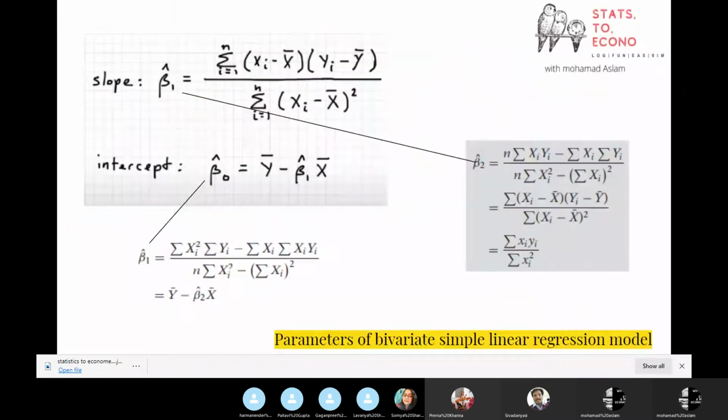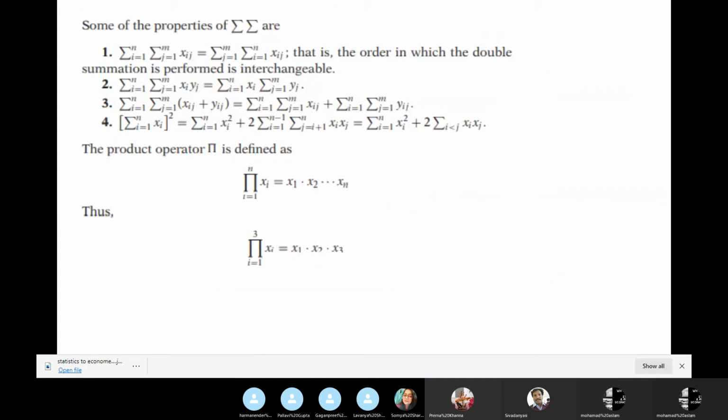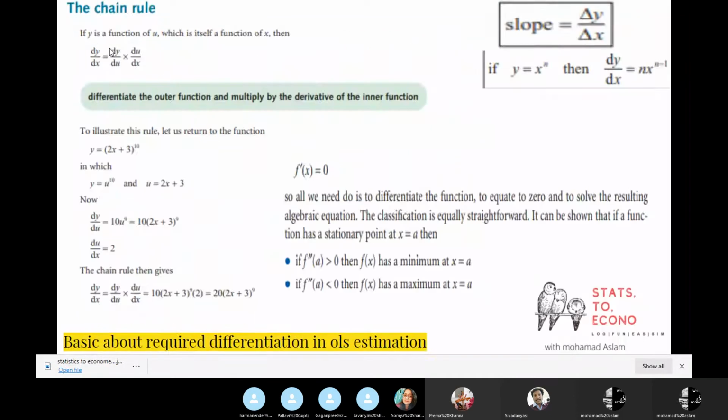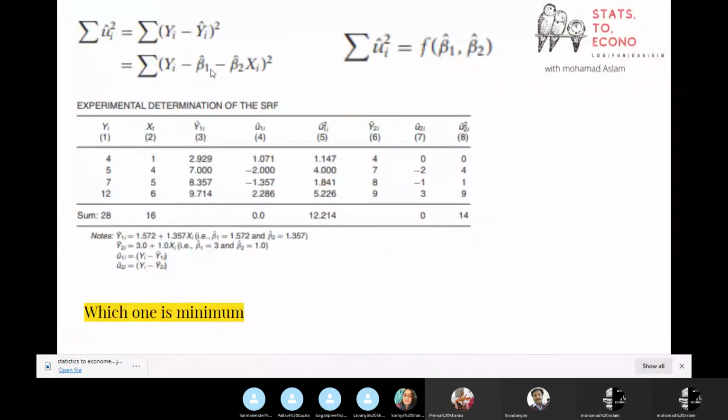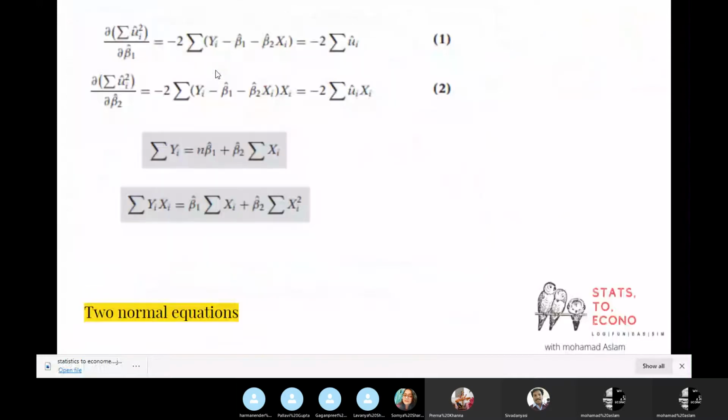Based upon, we started with minimizing the summation of u hat square. I explained yesterday why u hat square and not the actual summation, and the problem with that. If we take its derivative with respect to beta 1 hat and beta 2 hat, that gives us two normal equations.